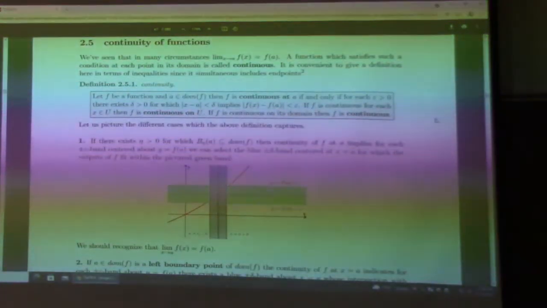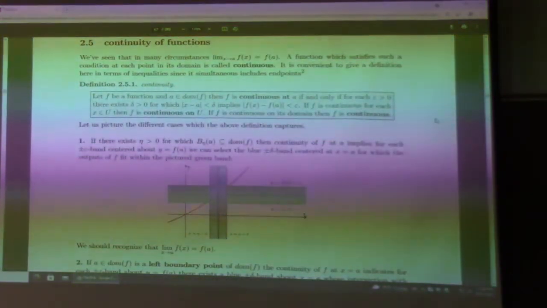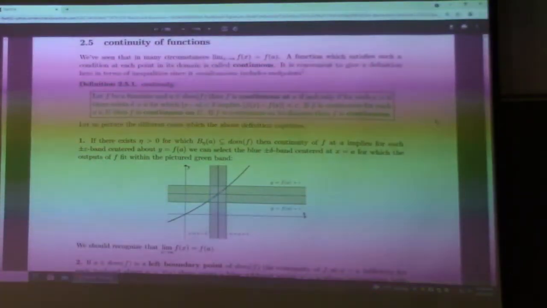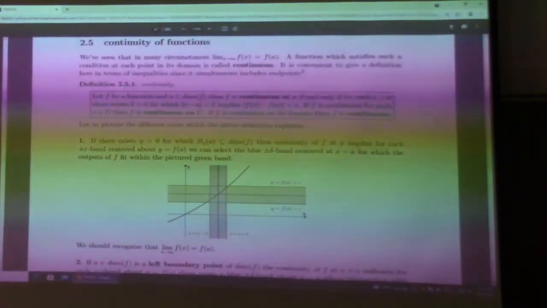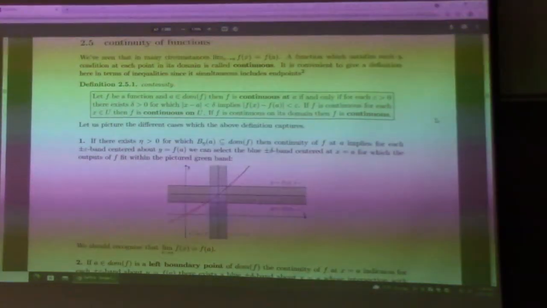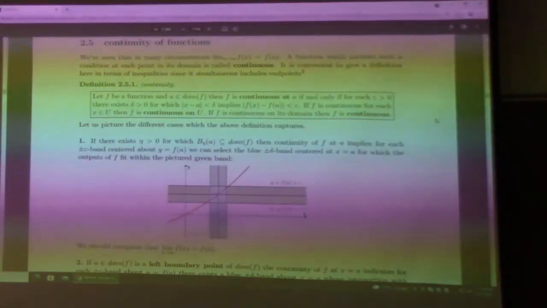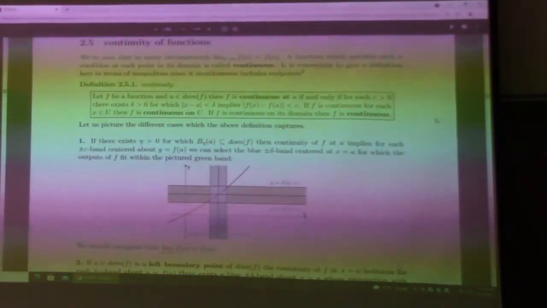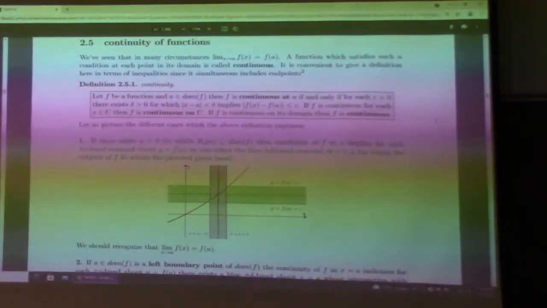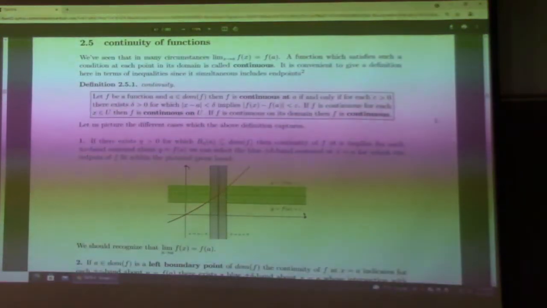I said f continuous at x equals a means the limit as x goes to a of f of x is equal to f of a. So this is continuity of a function at a, right?